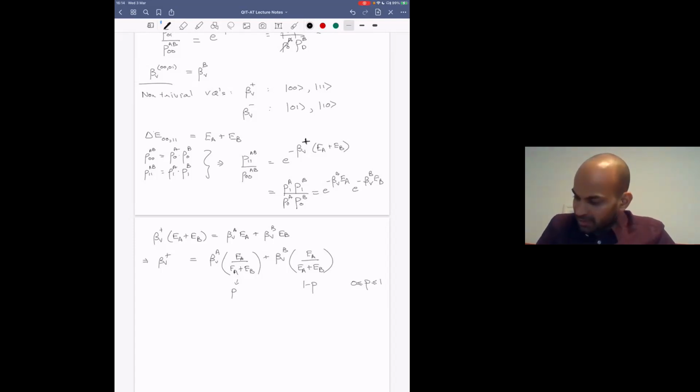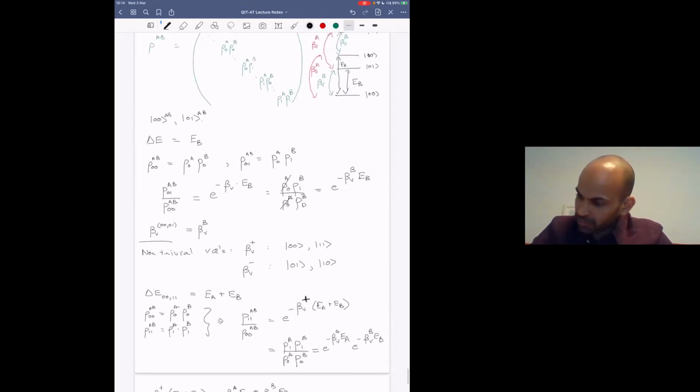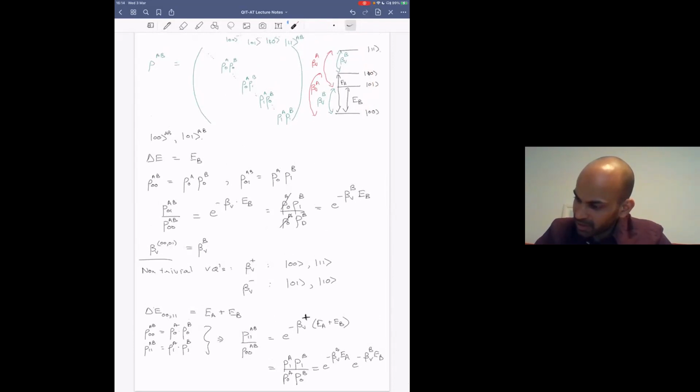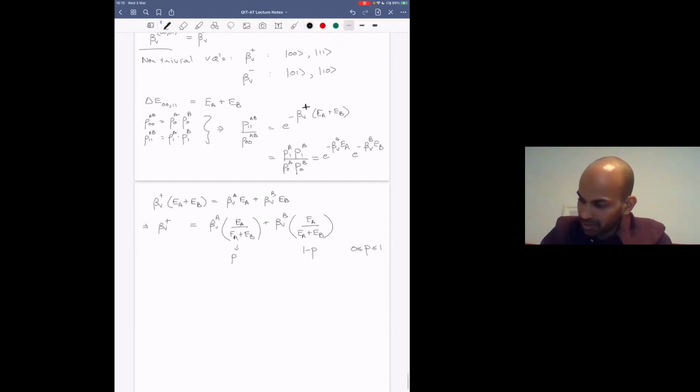So what we see is that the virtual temperature of this transition from the bottom of the 4-qubit subspace to the top of the 4-qubit subspace, that virtual temperature is a convex combination of the two original virtual temperatures that we had. And as a result, being a convex combination of the two virtual temperatures, it is guaranteed to lie in between the two.